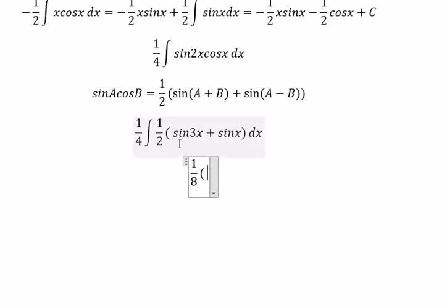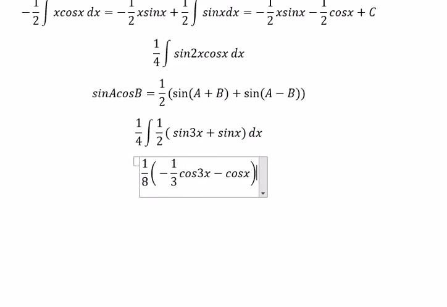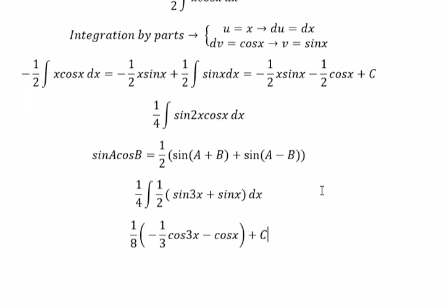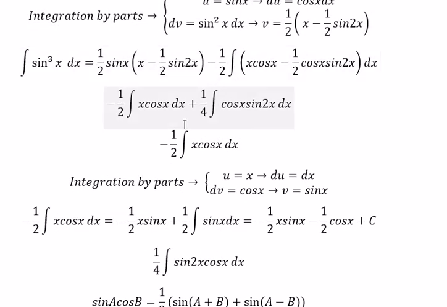And now we can do the integral of this one. The integral of sine 3s, you get negative 1 over 3 cosine 3s. And the next one is negative cosine s. And we put c as a constant. And now we can combine the answer in here.